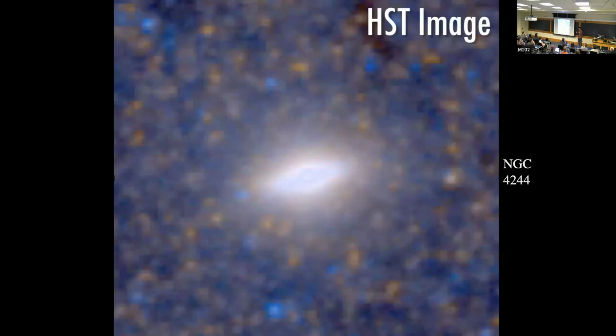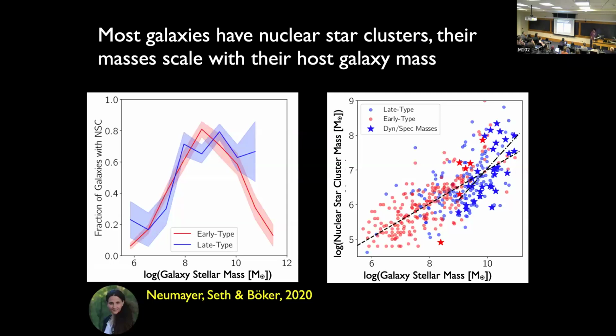And nuclear star clusters like this are located in most galaxies. Almost 5-6 years ago, my collaborator Nadine Neumayer and I and Torsten Böker wrote a review on these nuclear star clusters. This is a plot that shows galaxy stellar mass and the fraction of galaxies that have a dense massive cluster at their center.